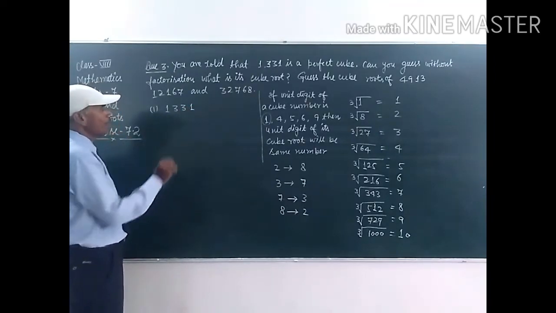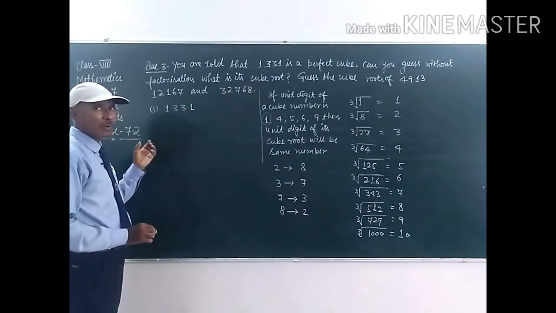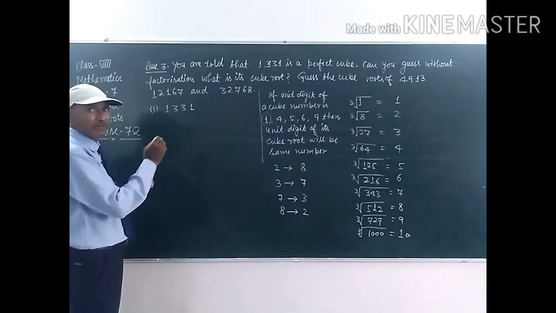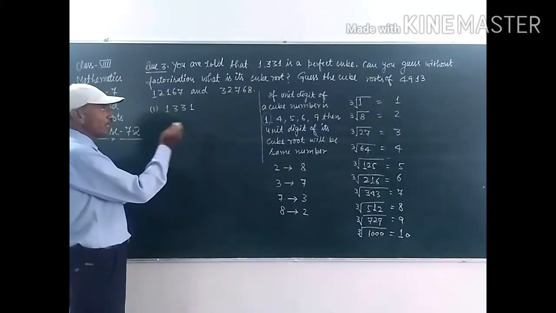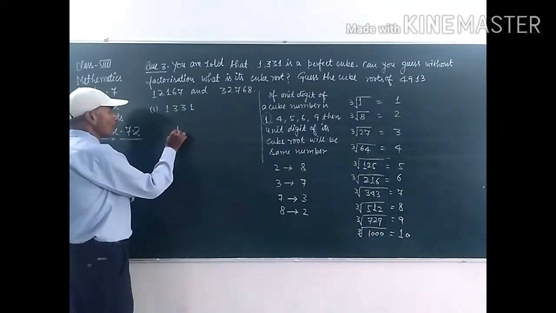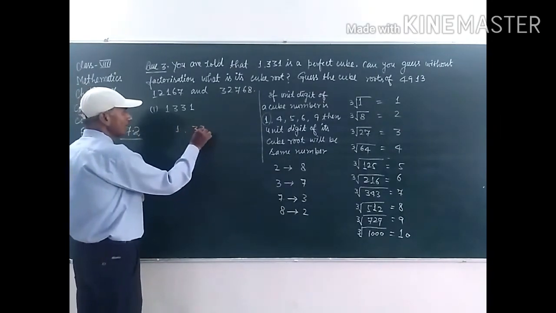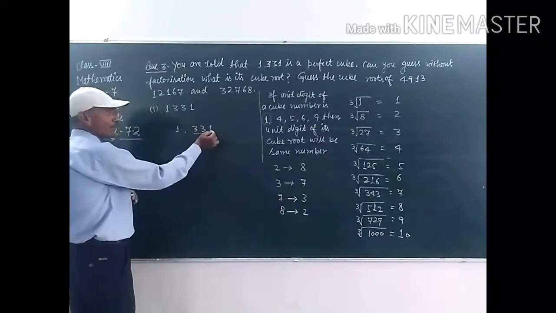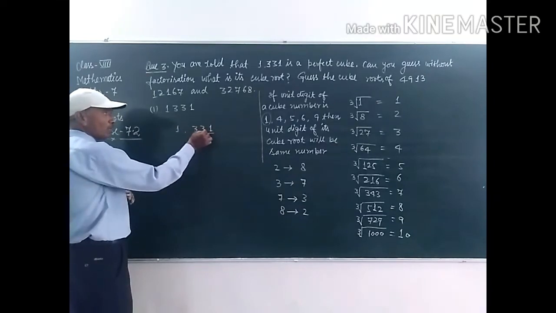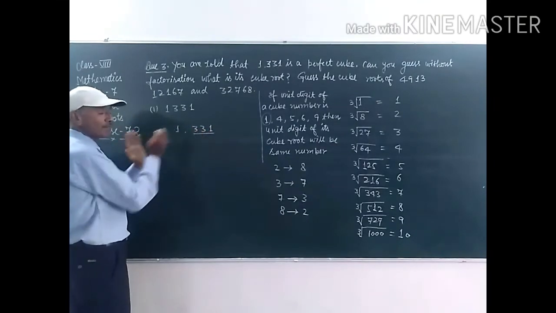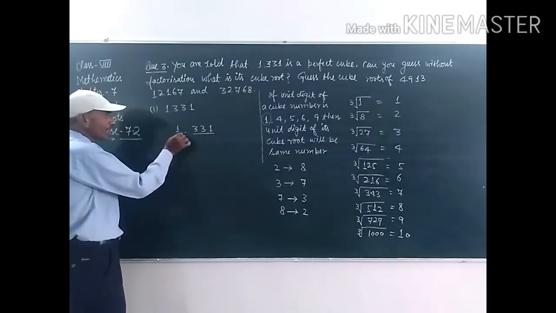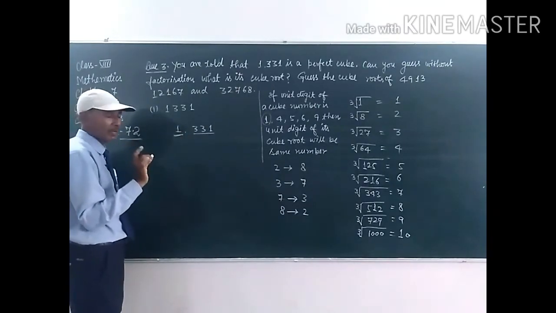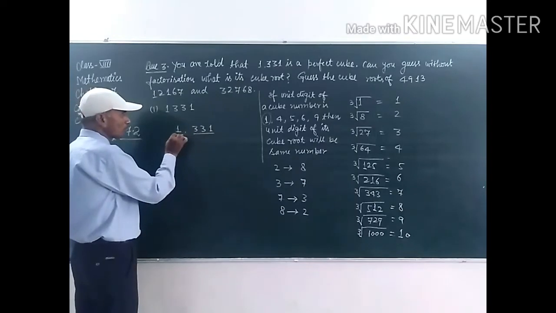First of all, we have to make groups of 3 from the rightmost, from right to left, starting from the unit digit. This one: 1, 3, 3, 1. So, we make the first group of 3 from the 1, 2, 3. Clear, student? And this number is the second group because there is only one number. So, there are two groups.